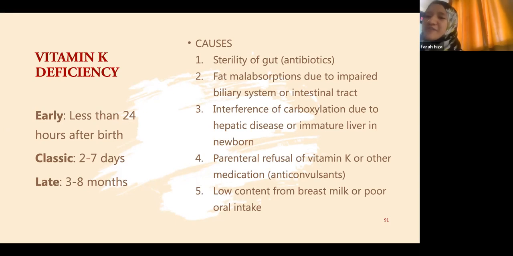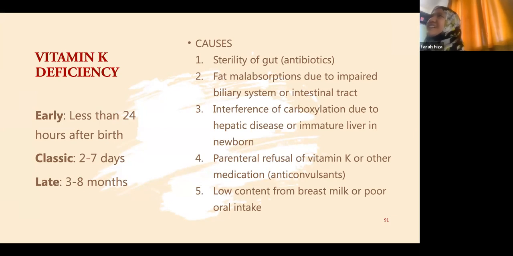So number 4 is a very important point for late onset vitamin K deficiency: a history of refusal of vitamin K prophylaxis upon birth. So that's why it leads to the deficiency later on. Okay, it is also said that breast milk has a lower content of vitamin K compared to formula milk.